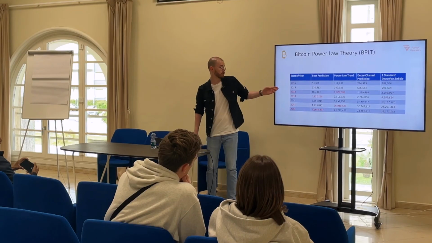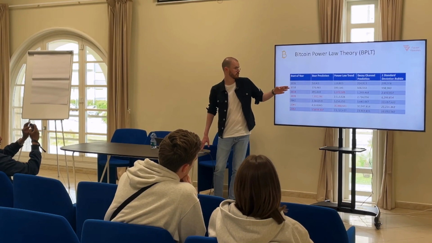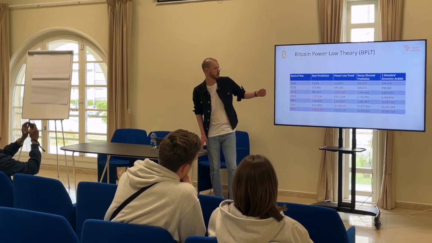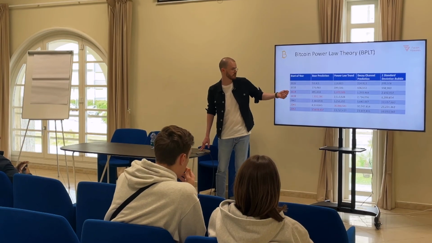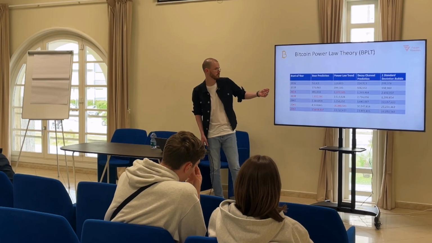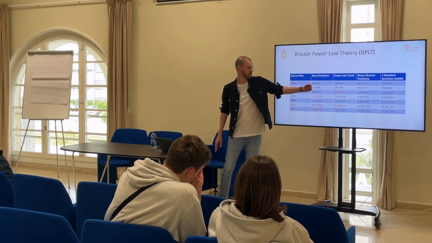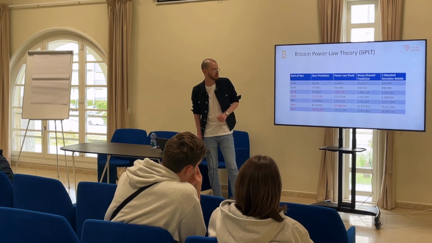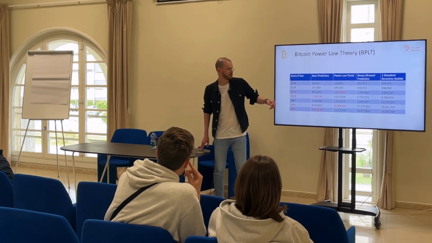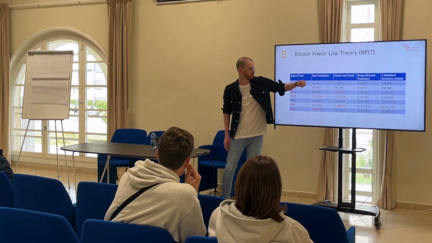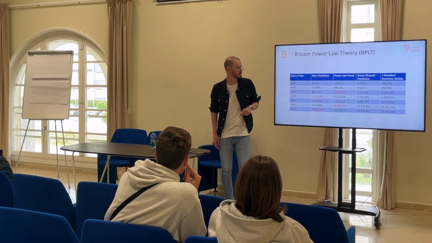So for the end of this year, the prediction for the bear market is around $50,000 US, and for the fair value it's around 120, with the bull market being at around 225,000 USD.